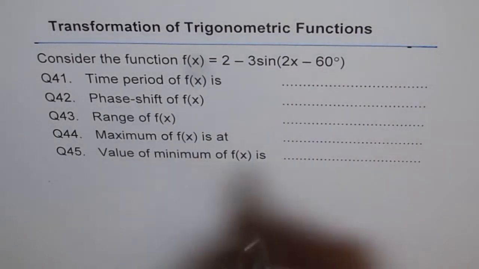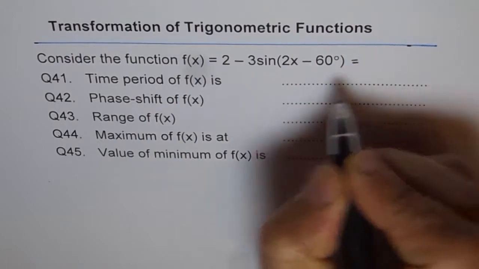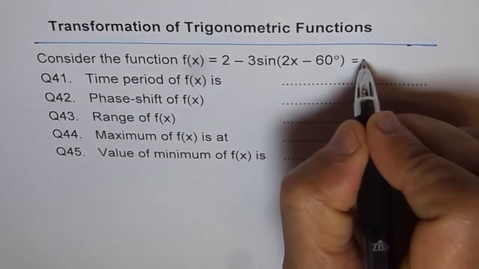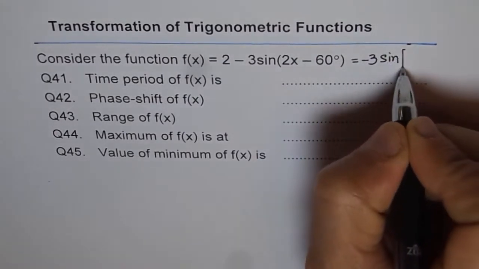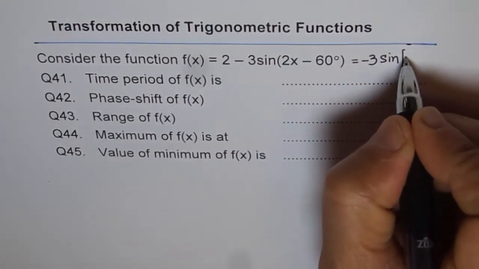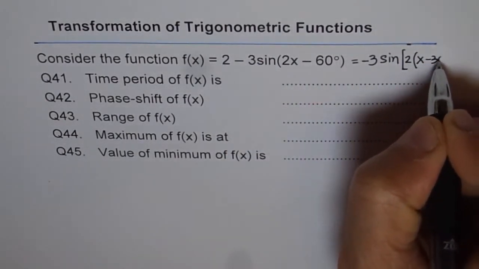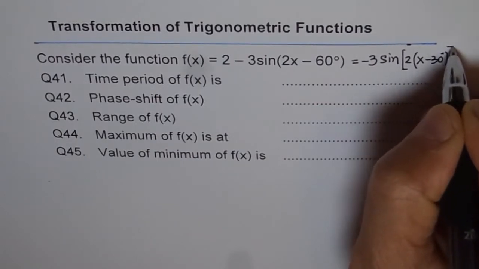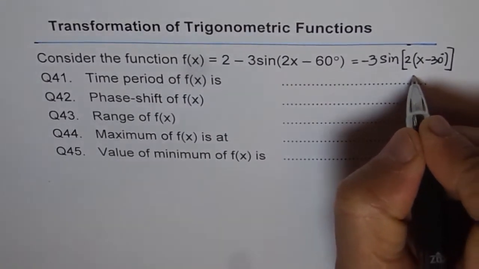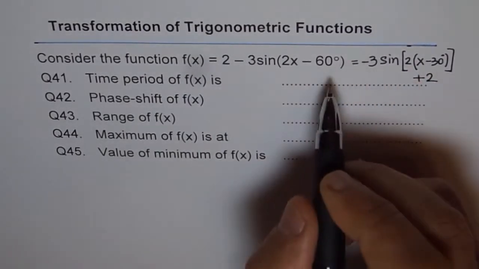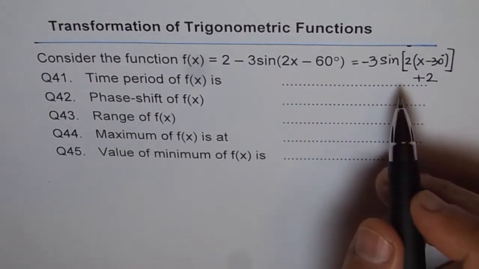Let's write this as minus 3 sine of, within square brackets, factor out 2, 2 times (x minus 30 degrees), bracket close, and then you write plus 2. That becomes your transformation equation for this sinusoidal function, okay?